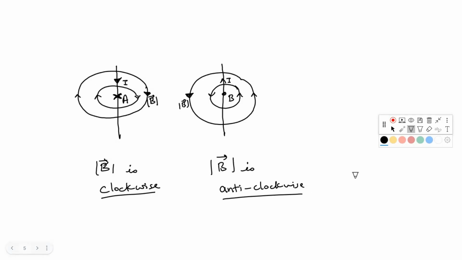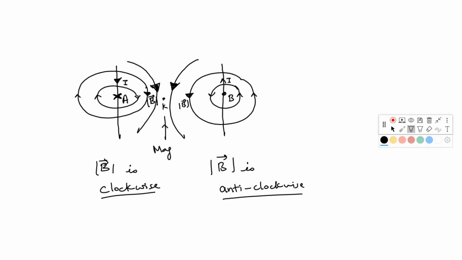The MCQ kind comes. Now you observe what happens. See, these are the magnetic lines. Field is like this. Magnetic field is in the same direction. So magnetic field in the same direction means what? At point K, the field intensity will be maximum.